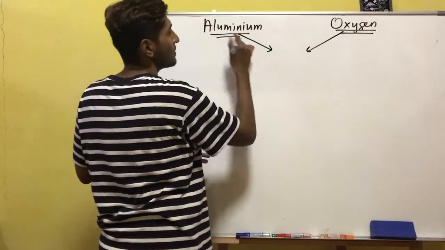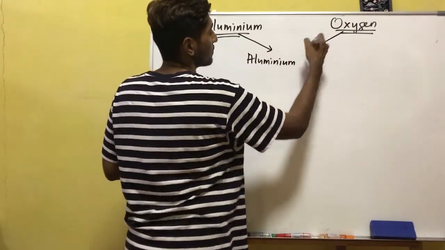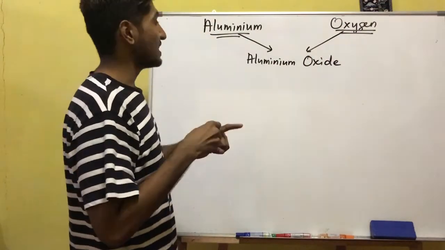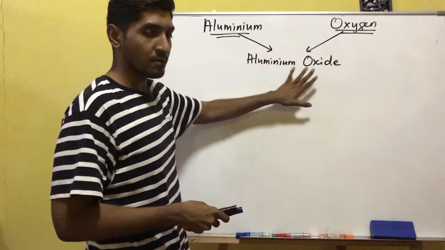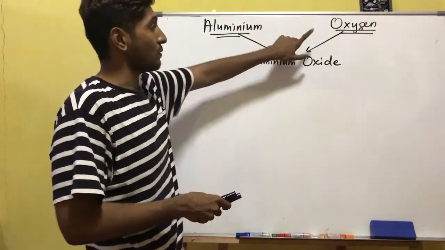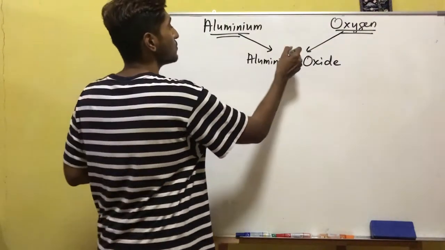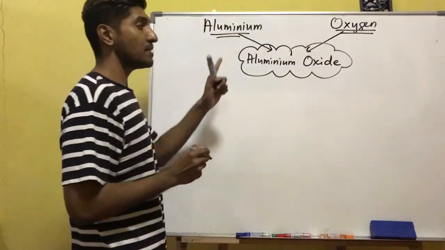So kita tahu ada aluminium, nama dia akan aluminium lah seperti biasa. Kalau ada oksigen dia akan jadi oxide ataupun oksida. Jadi apabila aluminium bertindak balas dengan oksigen akan menghasilkan aluminium oksida. So when aluminium react with oxygen, it will produce aluminium oxide. So now we want to know what is the chemical formula for aluminium oxide.